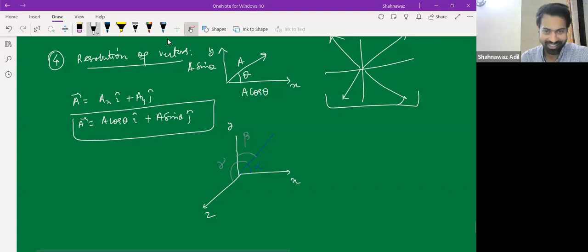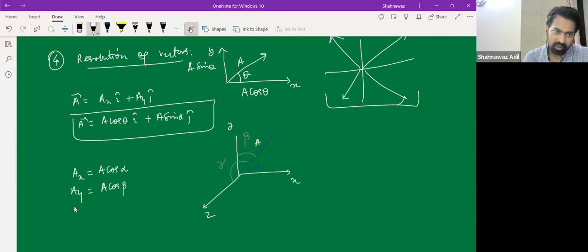Okay, so Ax would be how much? This is A. So A cos alpha, and Ay would be A cos beta, and Az would be A cos gamma.